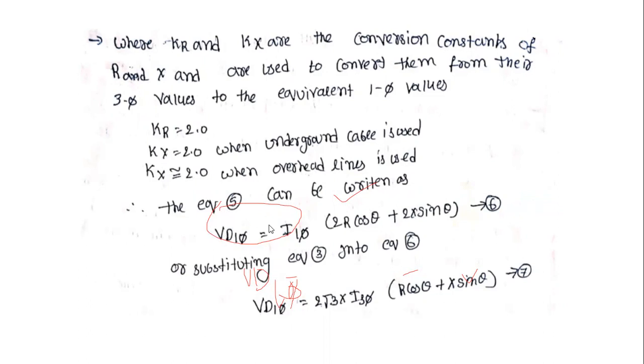Substitute KR equal to 2 and KX equal to 2 in equation number 5. Therefore, VD single phase is equal to I single phase into (2R cos theta plus 2X sin theta). This is equation number 6.